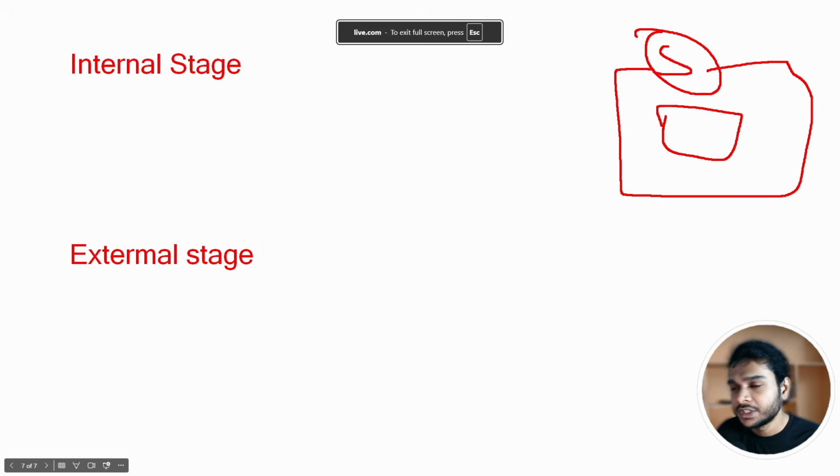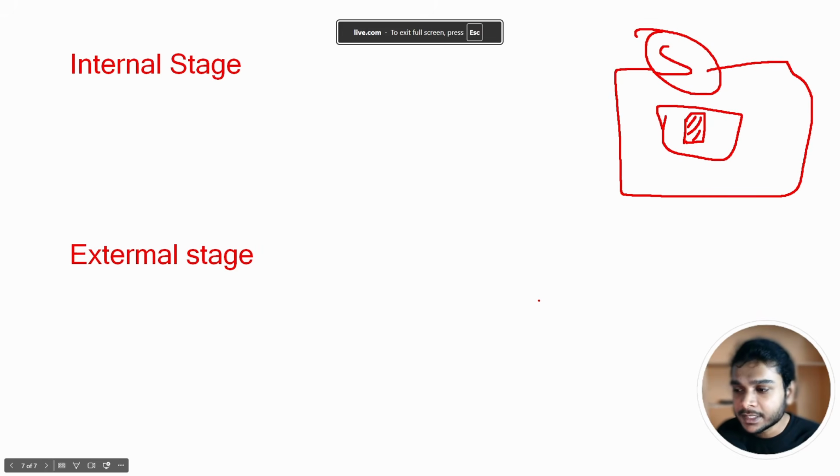We create a stage here inside Snowflake, and here is the place where we upload the file into, which is good, but we are actually using the storage inside Snowflake.